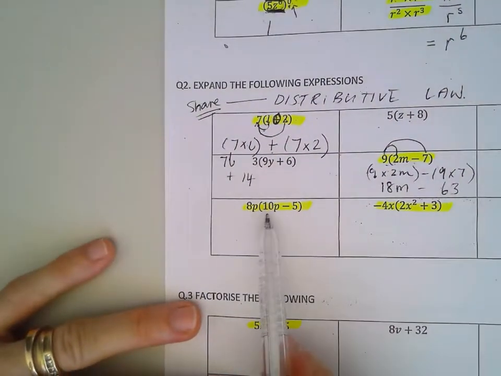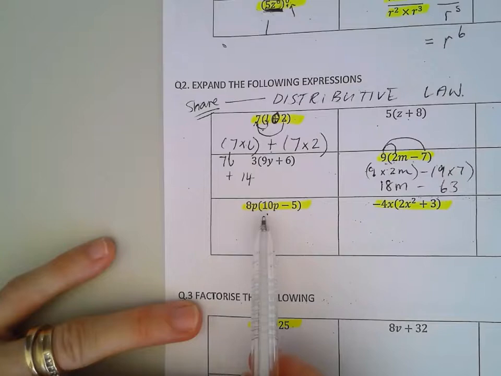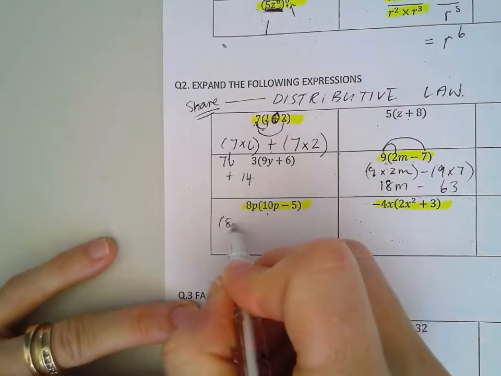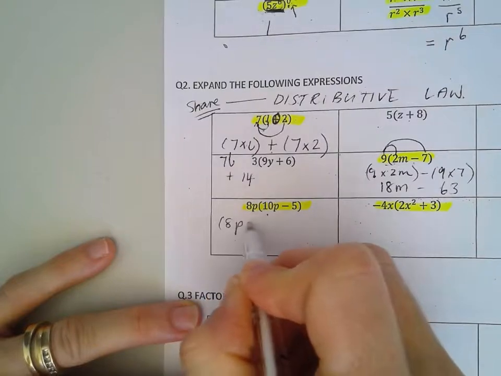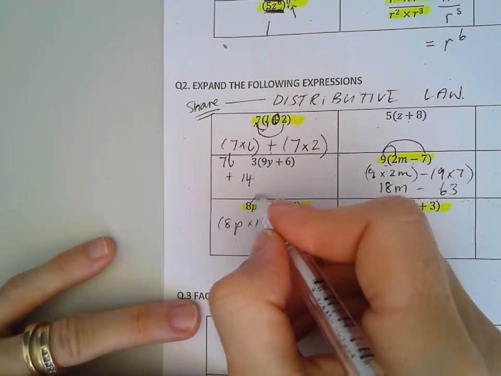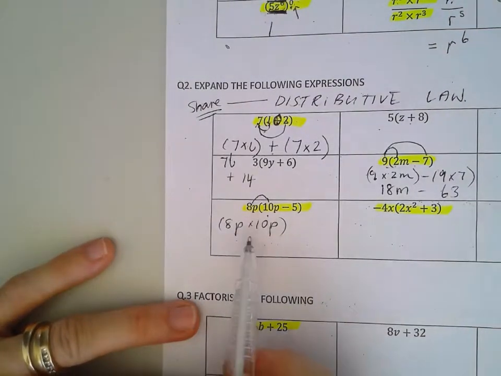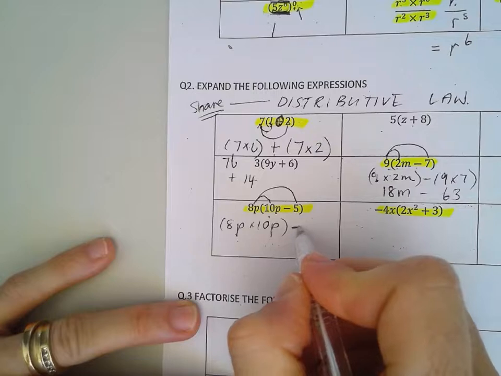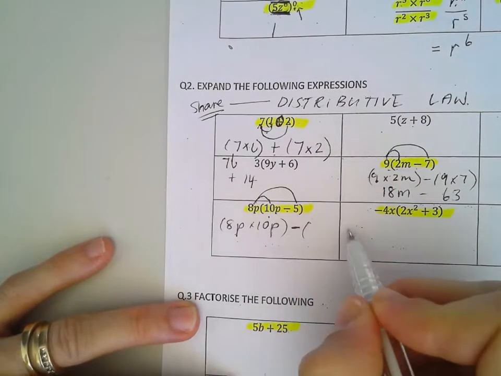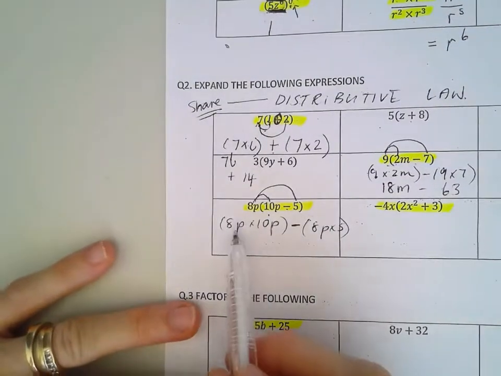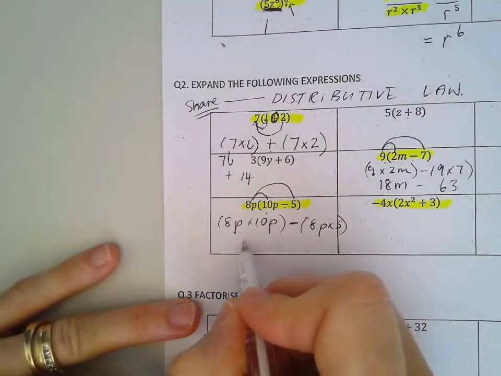Okay, this one's similar to this one, but we've got a couple of variables here. So this sometimes is where writing things out makes it really clear to us. So 8p multiplied by 10p looks like this. 8p multiplied by 5, put our subtraction sign in. 8p times 5. Okay, so we've got 8 times 10 is 80.